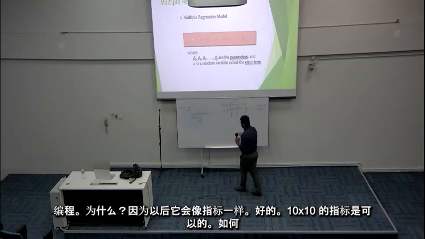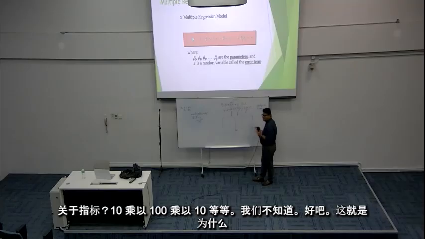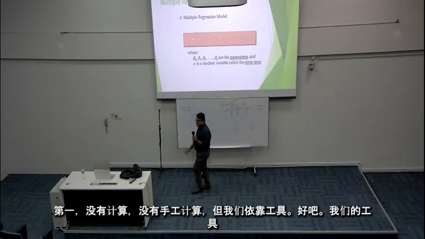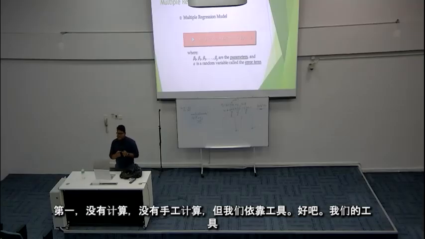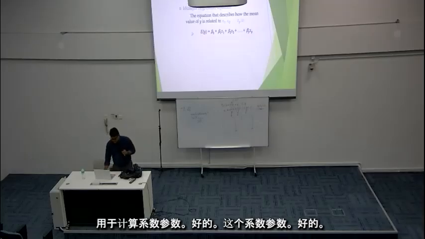Because later it will be a matrix. A 10 by 10 matrix is okay, but how about 10 multiplied by 100 multiplied by 10 and so on? We don't know. So there is no manual calculation; we rely on tools, R, for calculating the coefficient parameters.